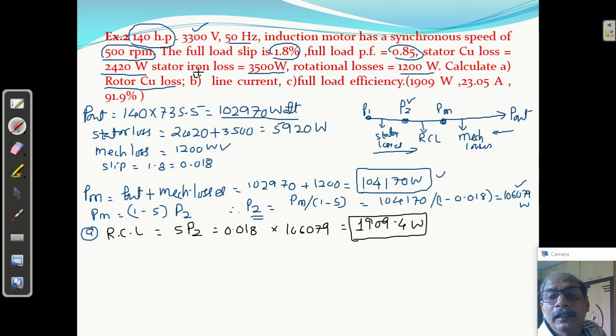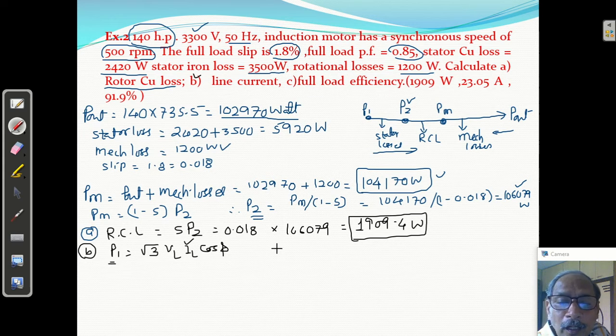B. Line current, we have to find. So what is the power? P1, input to the stator or input to the motor. P1 equal to root 3 VL IL cos phi. VL is given, IL we have to find, cos phi is given. But before that we have to calculate P1. P1 equal to P2 plus stator losses.